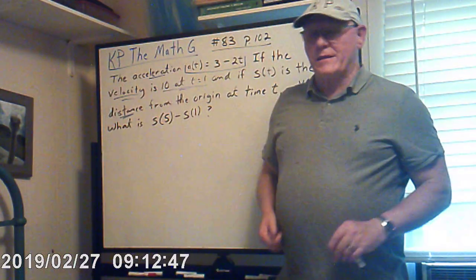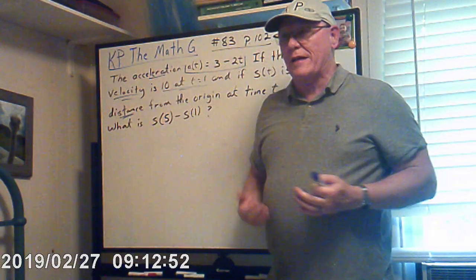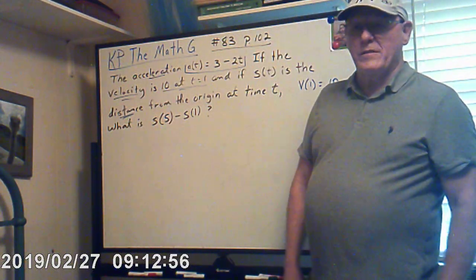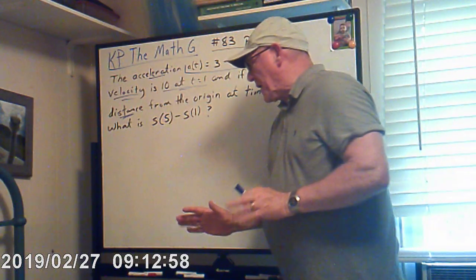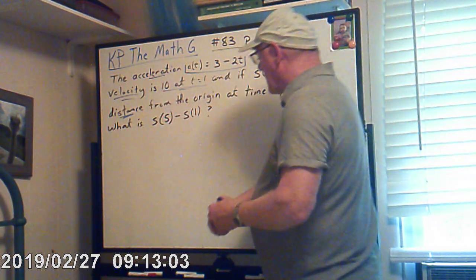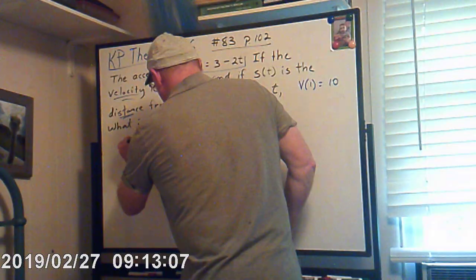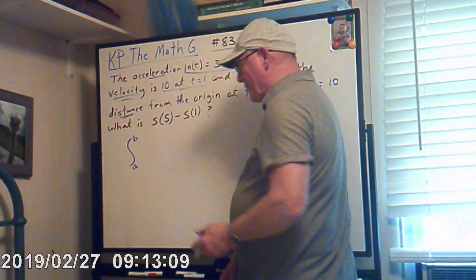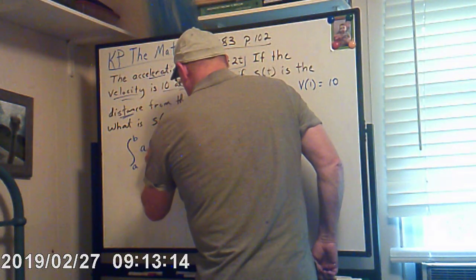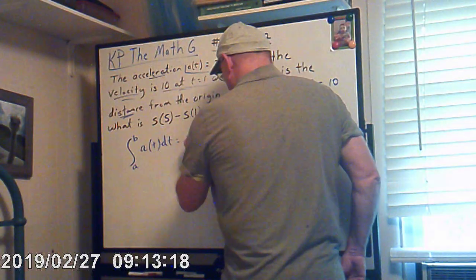A lot of work is involved. So what do we do? Do we take a derivative? Do we take an antiderivative? Needless to say, we're going from acceleration to distance. Let me give you a little idea. From a to b, if we're doing a definite integral from a to b, the integral of a at t dt is going to be v at t.